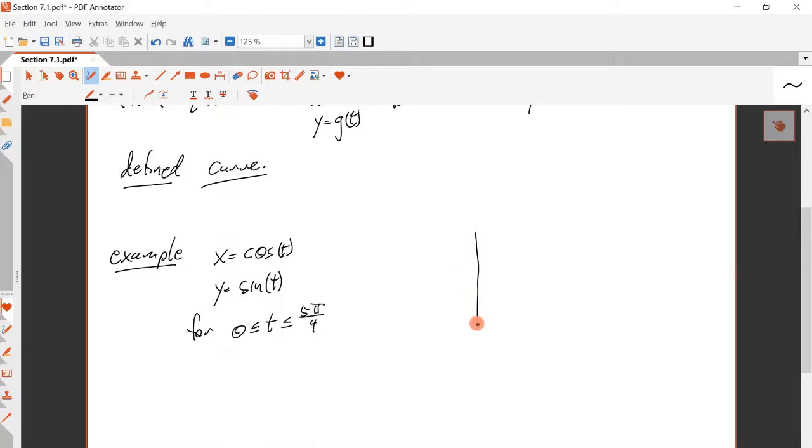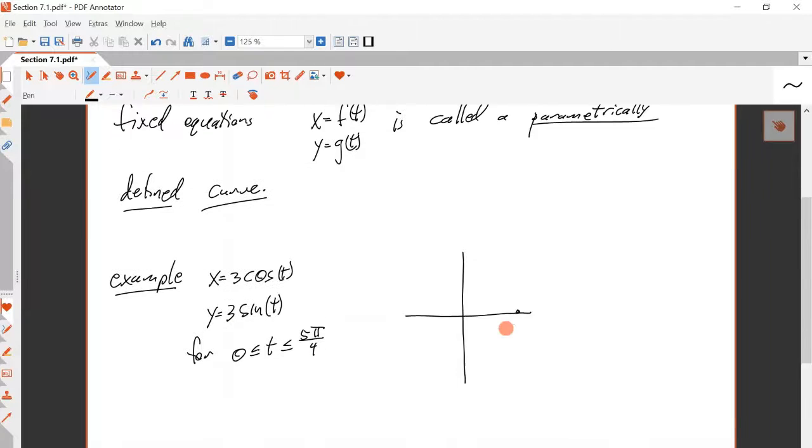Okay, well, what curve is this? Actually, let's do it like this. x equal to 3 cosine theta, y equal to 3 sine theta.